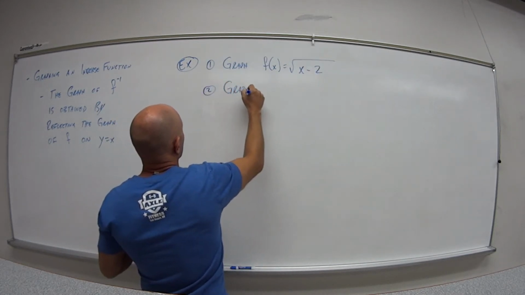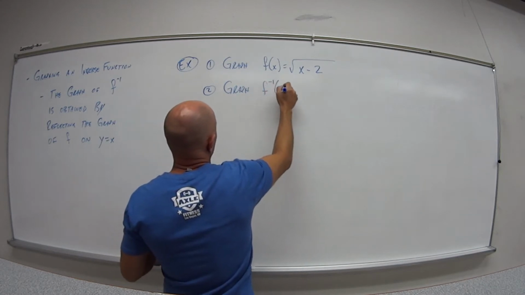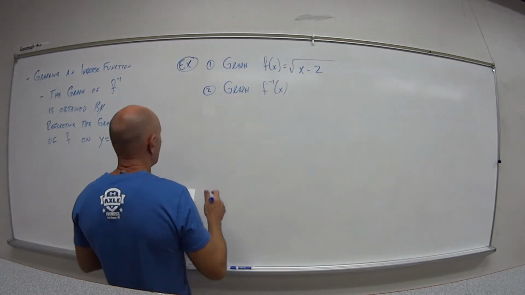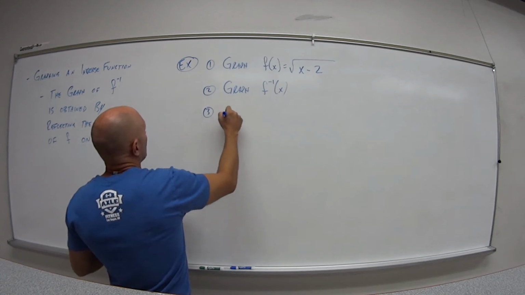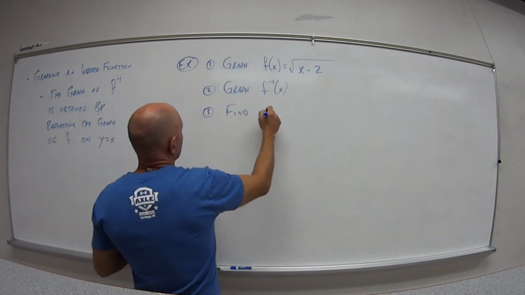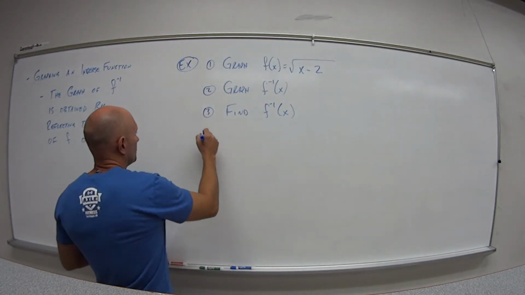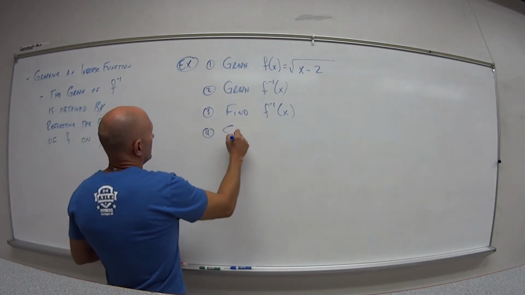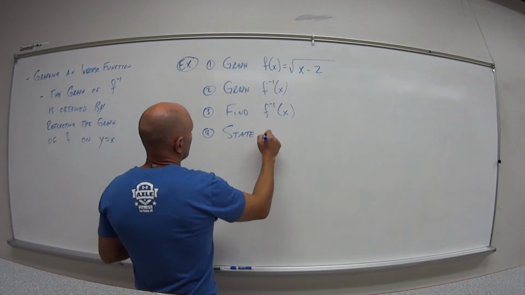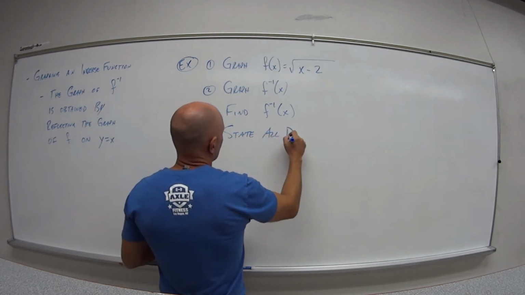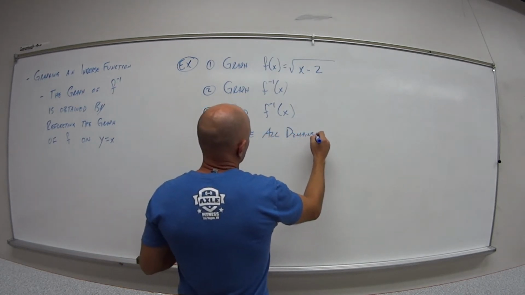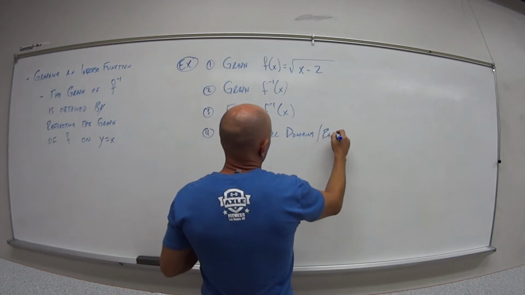We want to graph f inverse of x. I want to find the equation for f inverse of x, and then again, I'm going to add this on here, state all the domains and ranges.